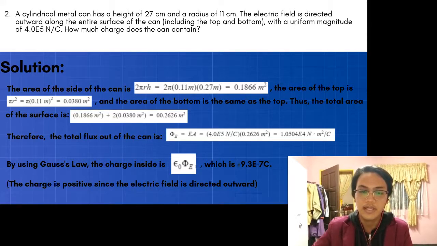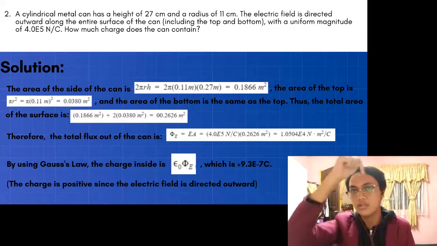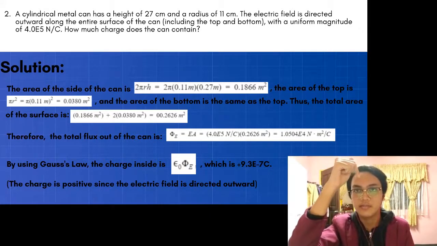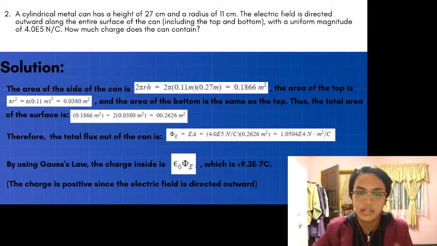As we know, phi E is equal to EA, so we need to find the area of the entire can. The area of the sides of the can is 2 pi RH, and the top is pi r squared. We can simply calculate everything, so we'll get a total surface area of 0.2626 meter squared. So we can figure out the total flux of the can.